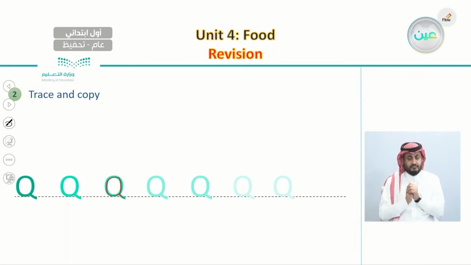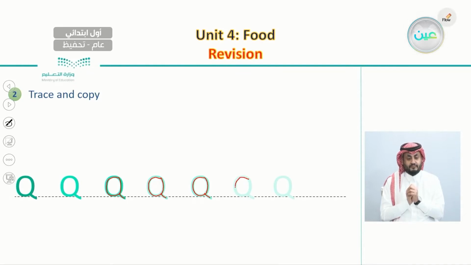Can you think of a word that starts with the letter Q? The word is quilt. Quilt, as we said, is a carpet that we use in our home. So this is how we trace the letter Q, and after this we add this simple part.